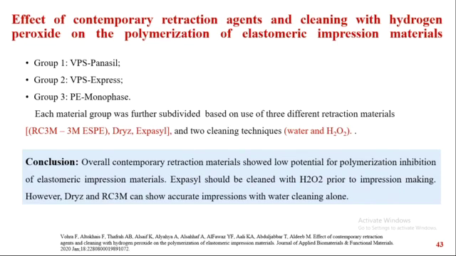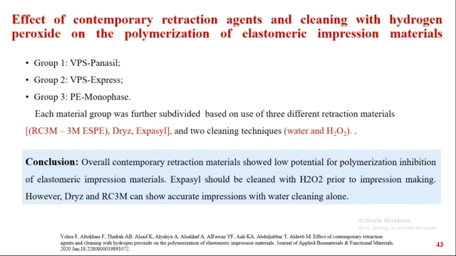Now, another study evaluated the effect of the retraction agents and the cleaning on the polymerization reaction of the elastomeric impression materials. 3 impression materials, that is polyvinyl siloxane Panasil, Express, and a monophase polyether impression material were evaluated. 3 different retraction materials, that is 3M ESPE, Dryz, and Expasyl containing 15% aluminum chloride gel were used, and 2 cleansing techniques, that is cleaning of the prepared tooth using water and using hydrogen peroxide, were evaluated.